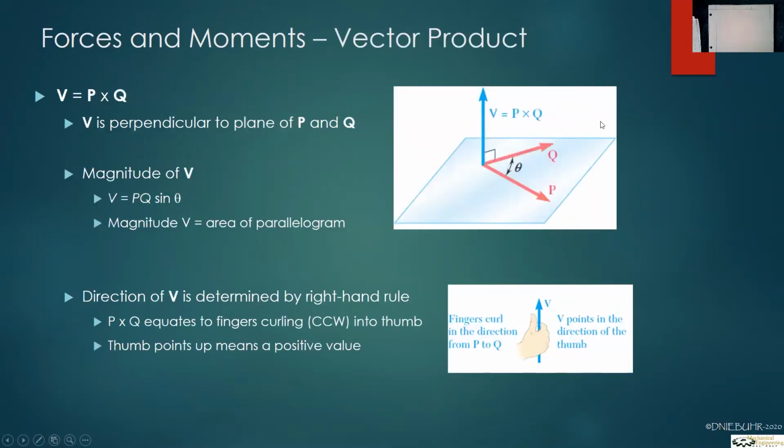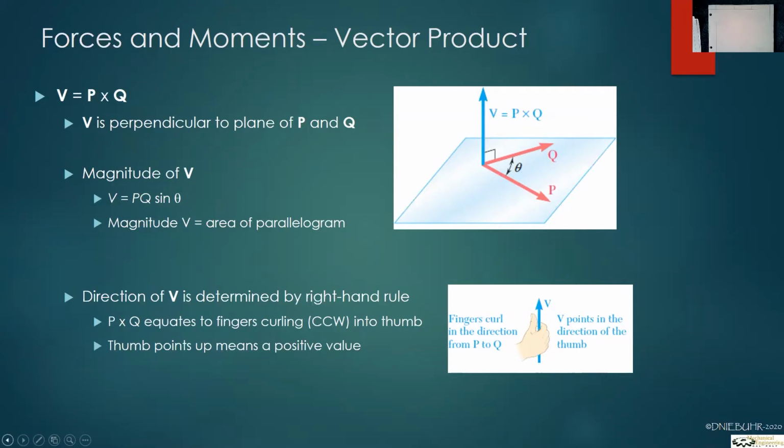So, a little basic vectors. I'm sure you've seen this, but recall that if you cross P cross Q, you get vector V, which is then perpendicular to the plane in which P and Q reside. The angle between P and Q, theta, then relates to the magnitude of that P cross Q by V being the scalar value equals the scalar value of P times the scalar value of Q times the sine of theta.